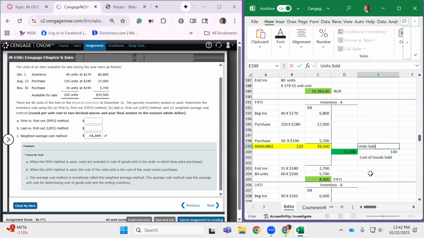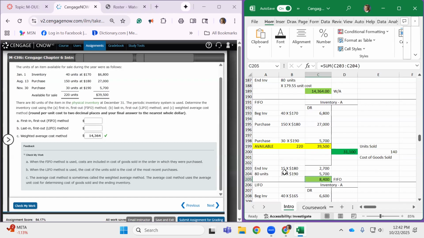Okay. And now I've got to go down here and put these in. 80 are all 30 of these, right? So all 30 of the last ones sitting there are still there. So the 130, the 30 plus the 30 times the 190, equals what you see here.